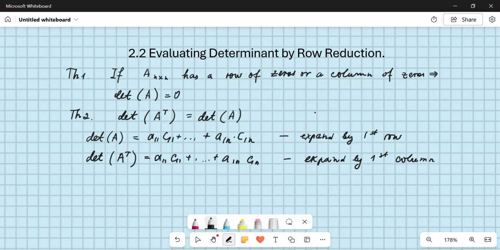Just remember that determinant of 1 by 1 matrix and determinant of 1 by 1 transpose matrix are going to be the same, and that's just going to be element 1,1.